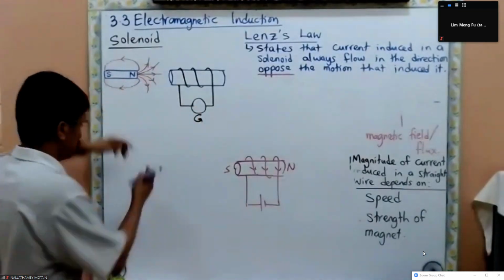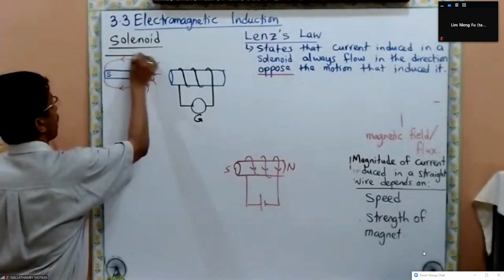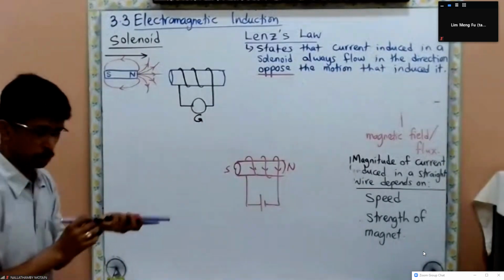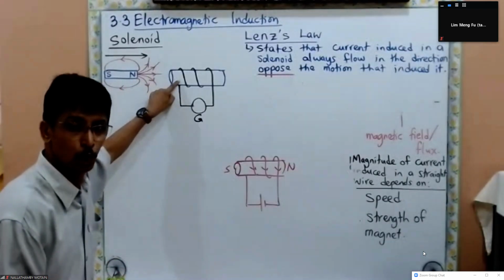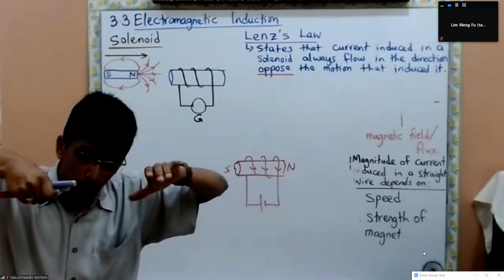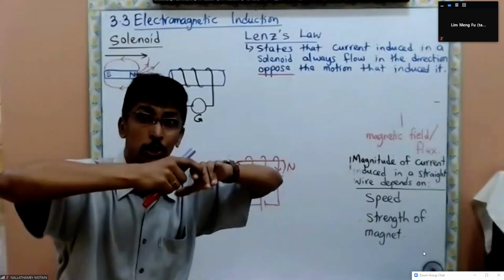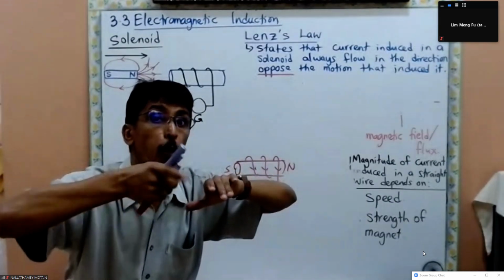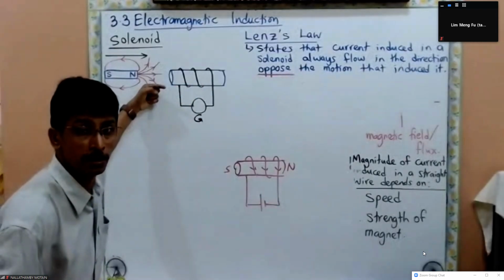Means magnet, you want to move towards the solenoid. So now, what pole is entering? North pole is entering. So what happens when north pole is entering? Current induced. But the induced current always opposed, to oppose the movement, to go against the movement.